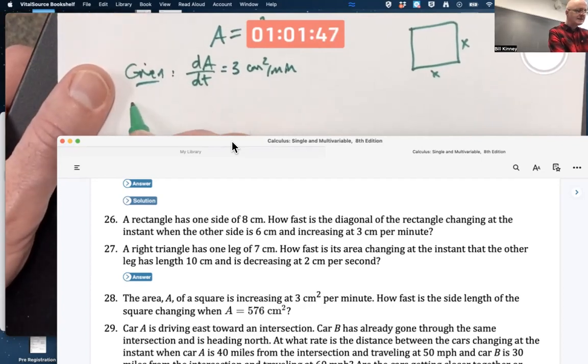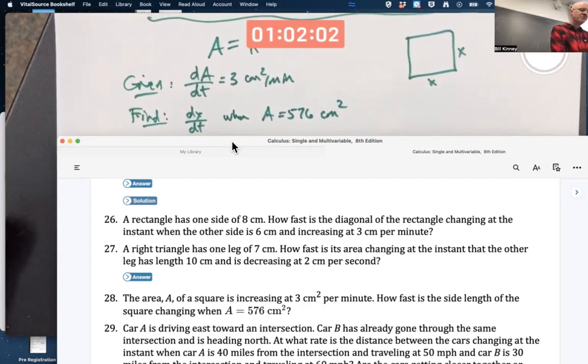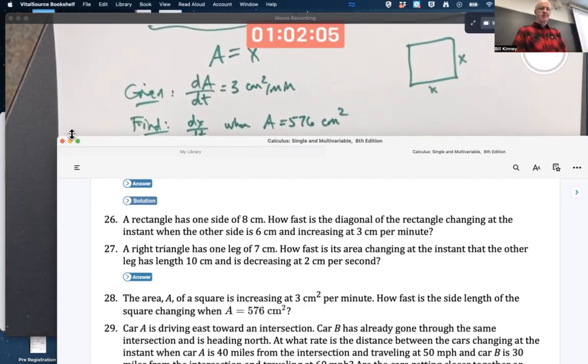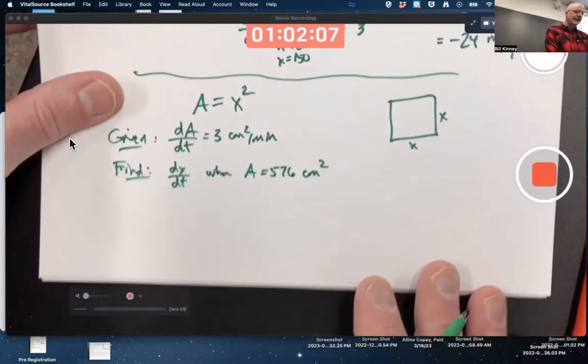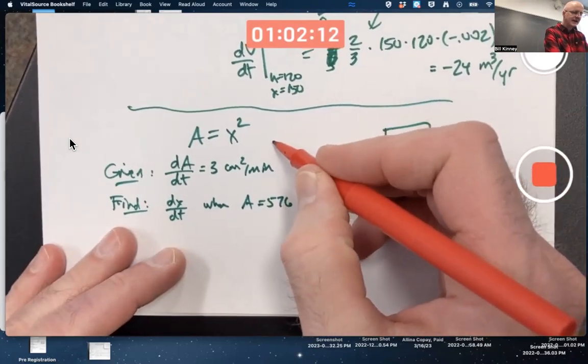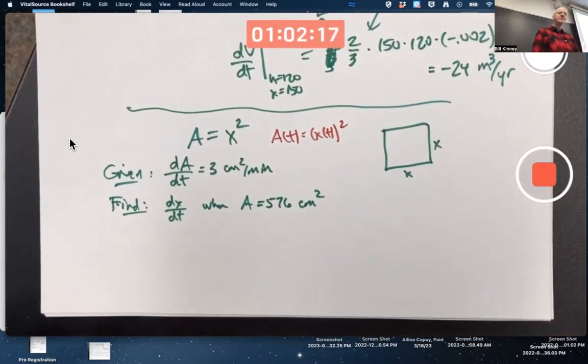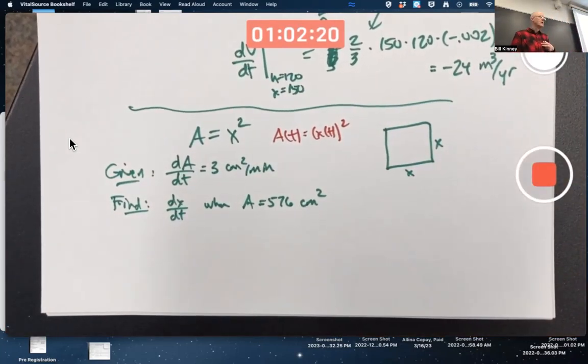We want to find dx/dt when A is 576 square centimeters. Again, everything depends on time, really. It'd be better to write this equation as A(t) equals x(t) squared. We're trying to solve for dx/dt.